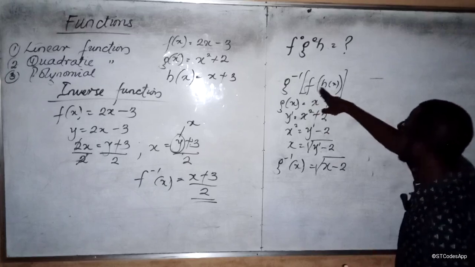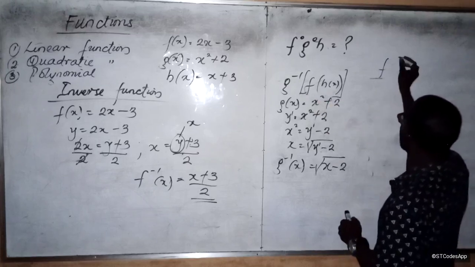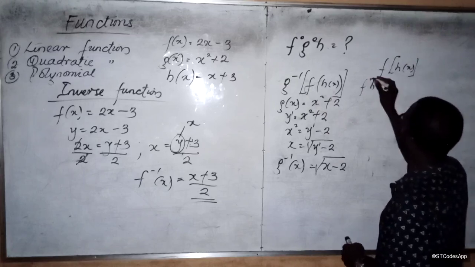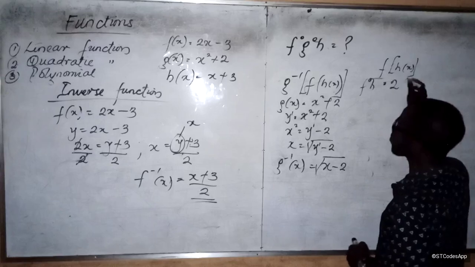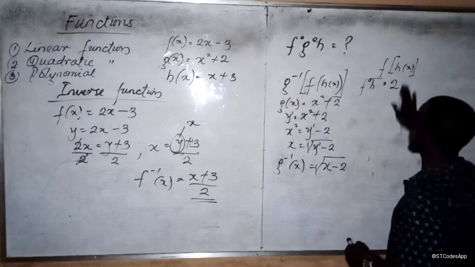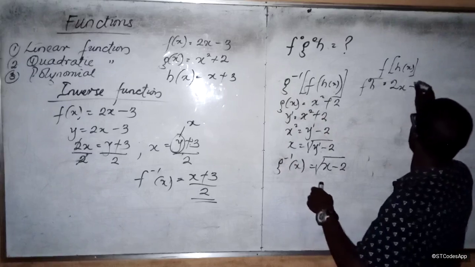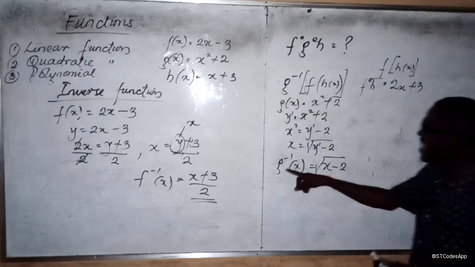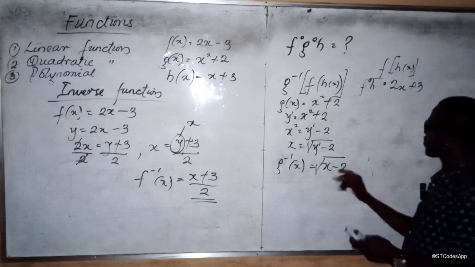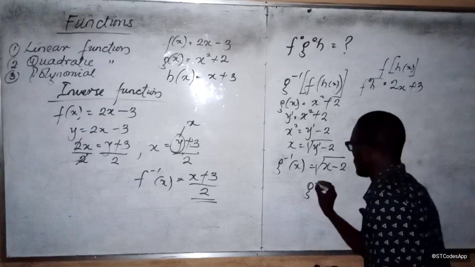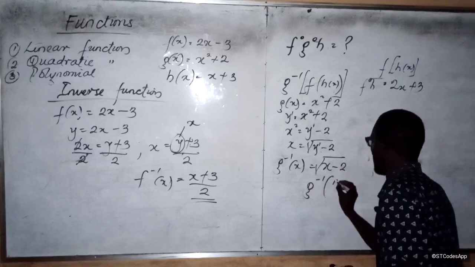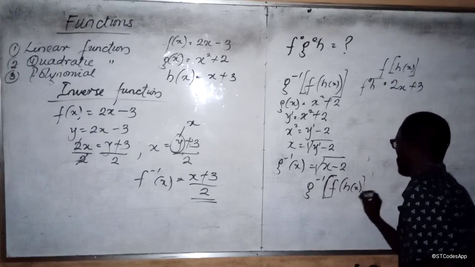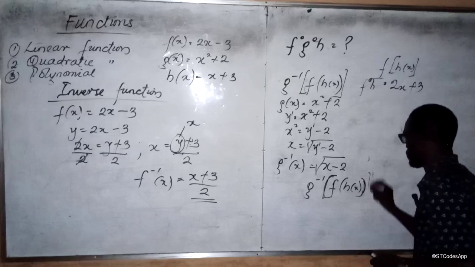We will now find what is f of h of x. So what is f first of h of x? Now f of h of x is going to give us 2 into brackets, we plug in h. Okay, we did it the other time, we got 2x plus 3. So this is f of h. So we are going to now find g inverse of this. So we just plug in this value into this equation and g inverse of f of h of x will be equal to, you know, the brackets have to be complete.